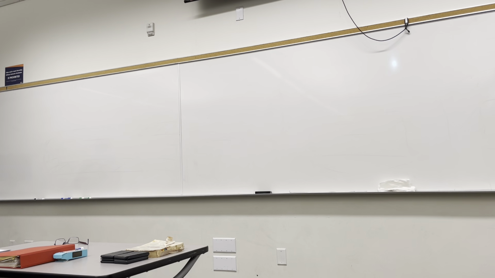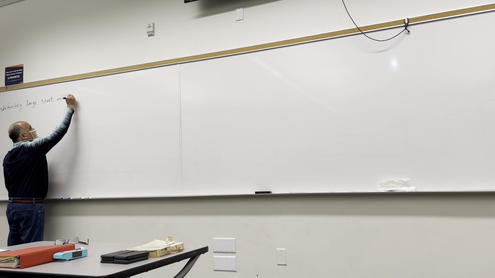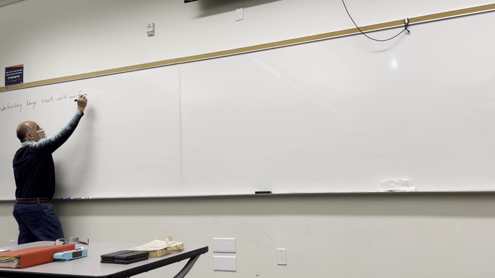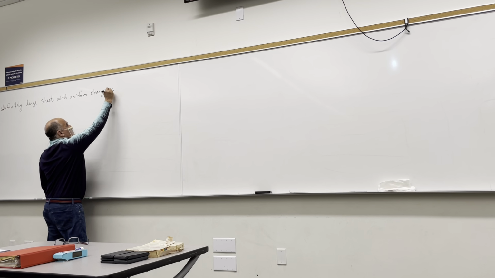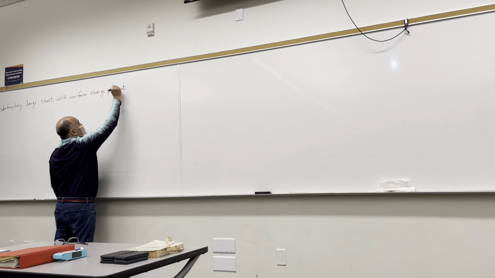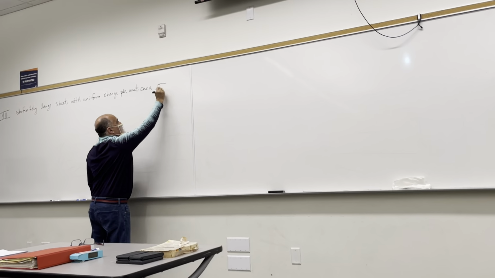So I guess this would be, did I write 6 before? So is it 7? So this is the infinitely large sheet with uniform charge per unit area, sigma.